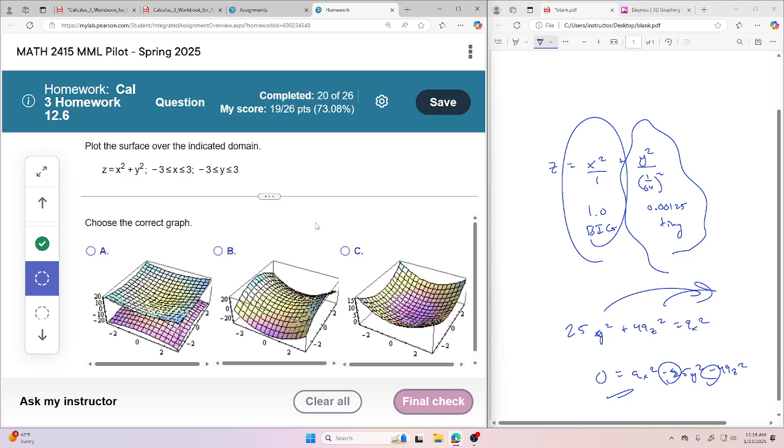So which one? Yes. Correct. I want to say it's A because X and Y do not have the denominator of 1, so it's not going to go as far upwards as C is.